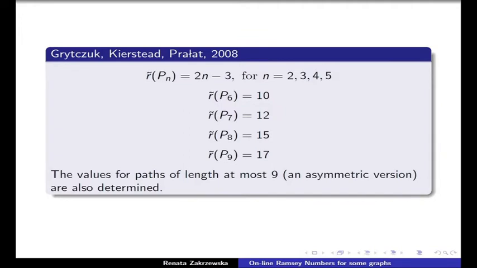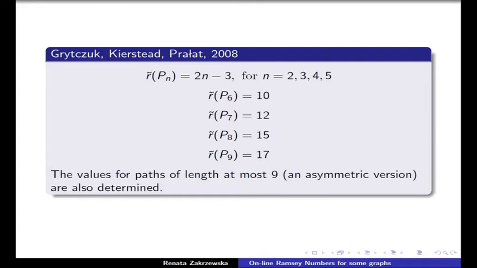Grytczuk, Kierstead and Prałat in 2008 proved that the online Ramsey number of Pn is equal to 2n minus 3 for n equal to 2, 3, 4 or 5. Online Ramsey number P6 is equal to 10, P7 is equal to 12, P8 is equal to 15, P9 is equal to 17. The values for paths of length at most 9 and the asymmetric version are also determined.